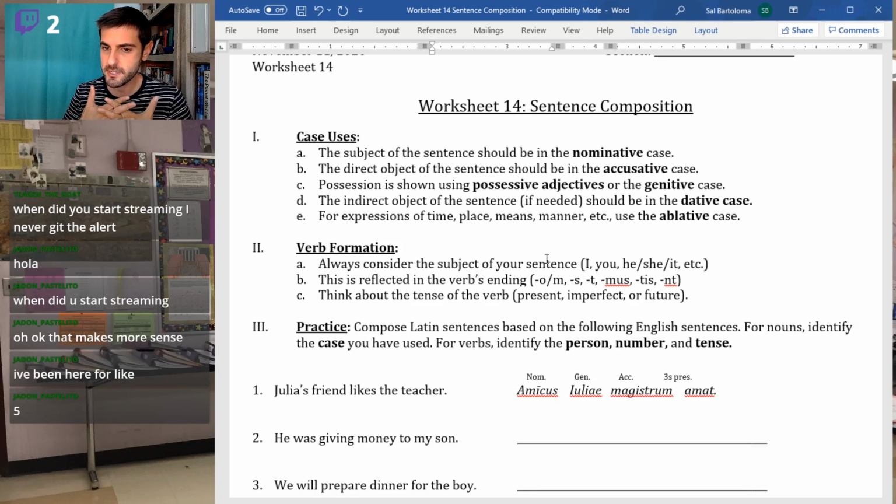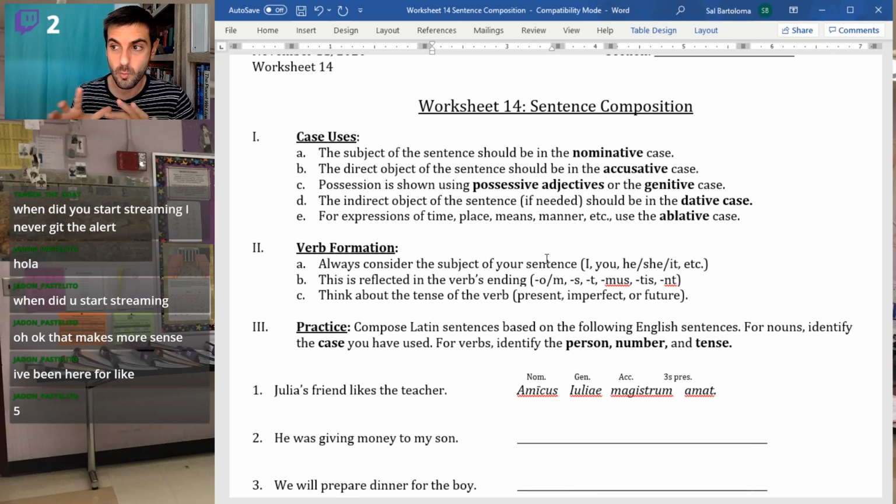If you're trying to show possession, you have two options, right? If it's my book or it's your book or it's our book, that kind of thing, there are adjectives for that, right? There's an adjective for my, there's an adjective for our. If it's someone else's, if it's Marcus's book or it's Julia's book, anytime you'd have that apostrophe S like that, then you put that person in the genitive case.